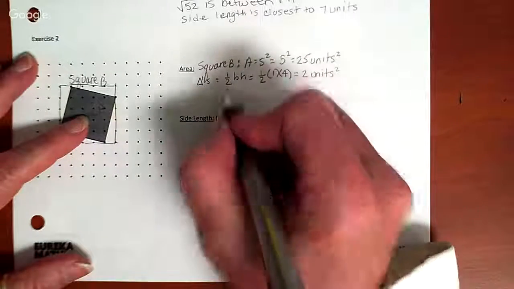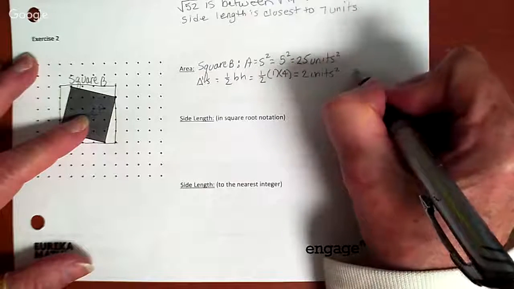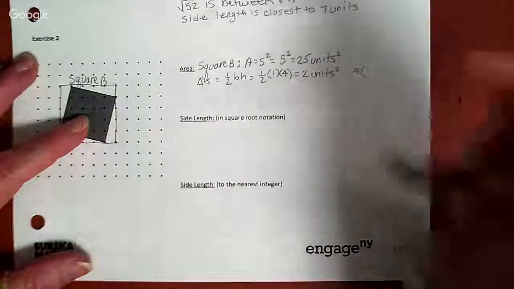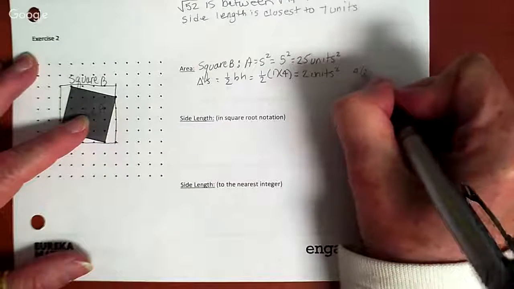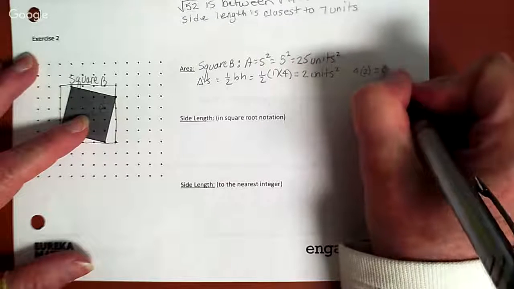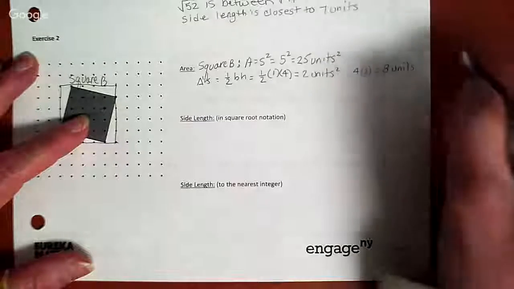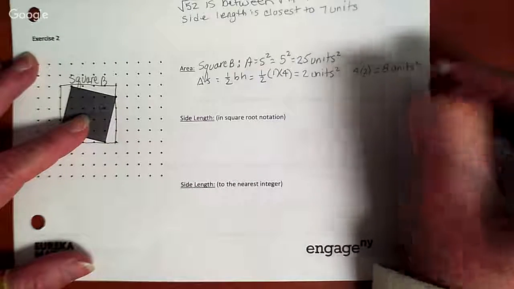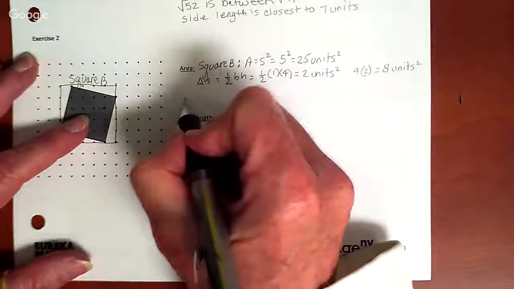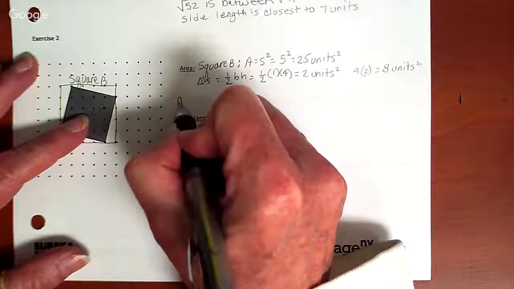So then multiplying that by 4, we have 4 times the 2, which equals 8 units squared.